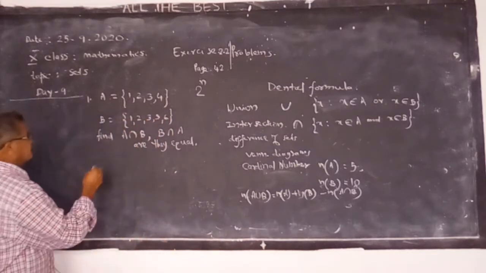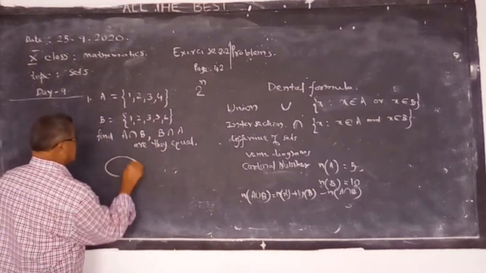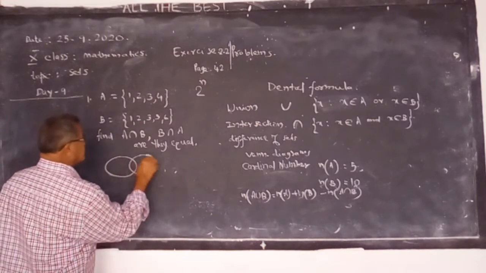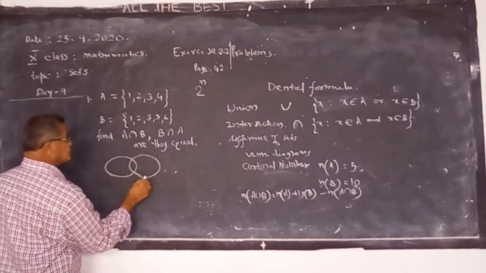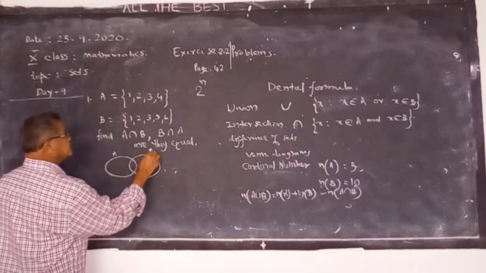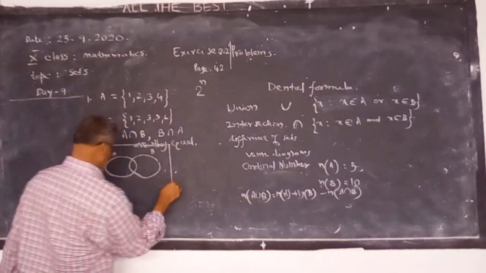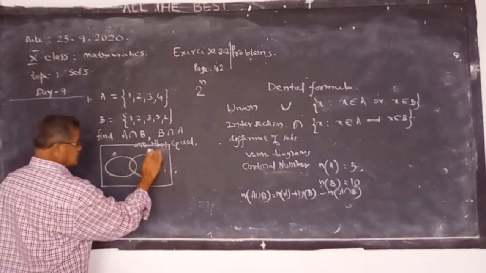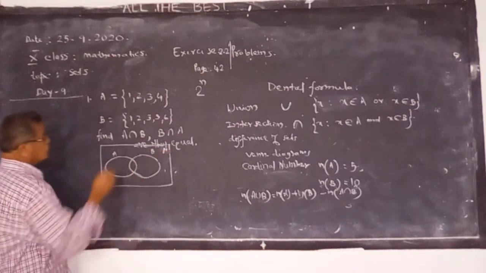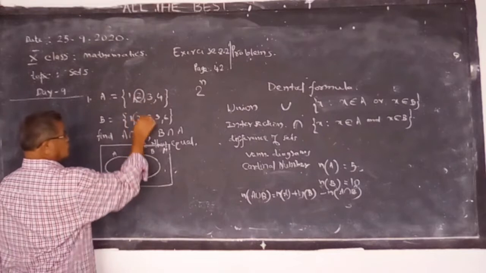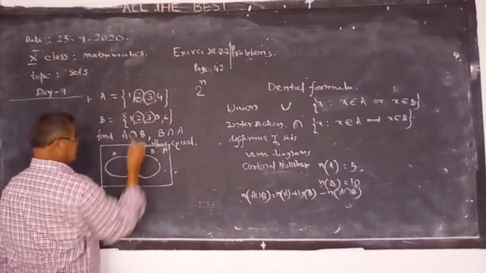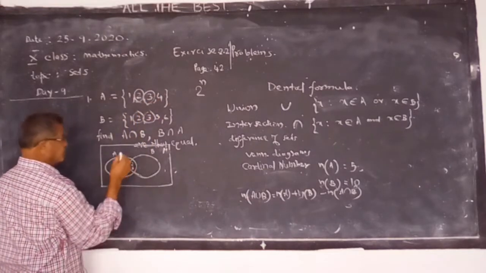Now first draw the Venn diagram. It is a convenient way. Set A, set B. What are the common elements? 2, 3, and 1 is also common. So 1, 2, 3 are common.